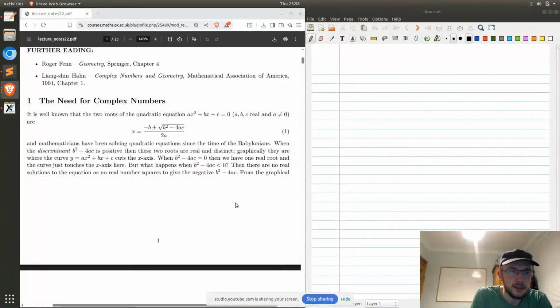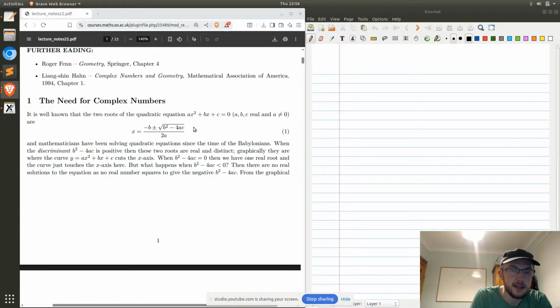Mathematicians have been solving quadratic equations since the time of the Babylonians. When the discriminant b squared minus 4ac, the expression under the square root sign, is positive, then these two roots are real and distinct.